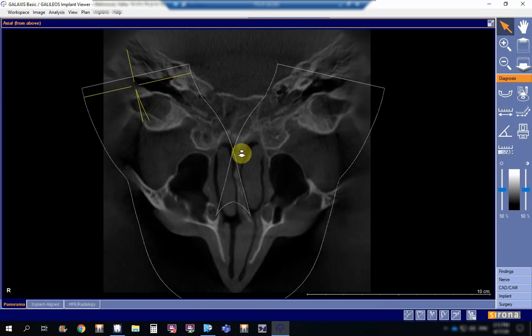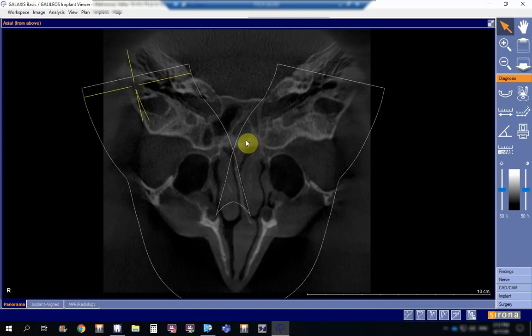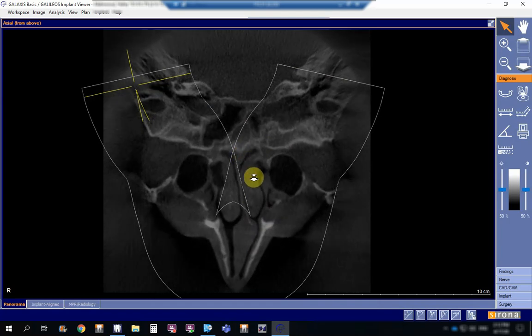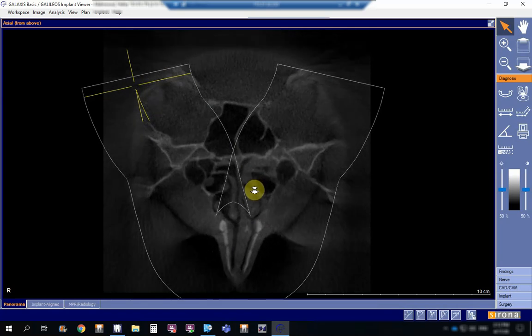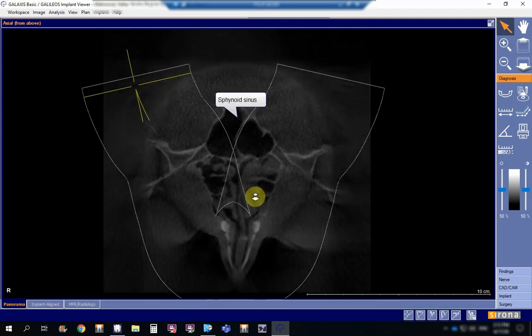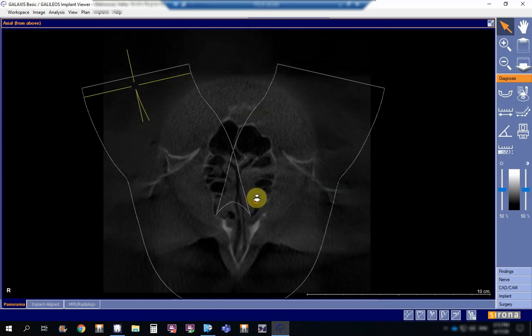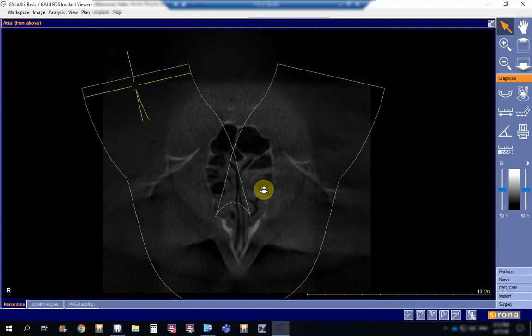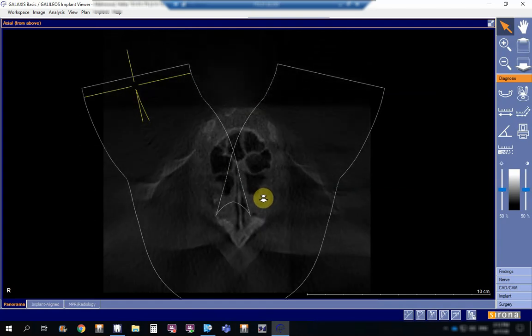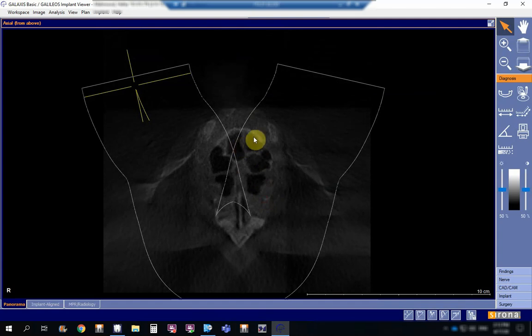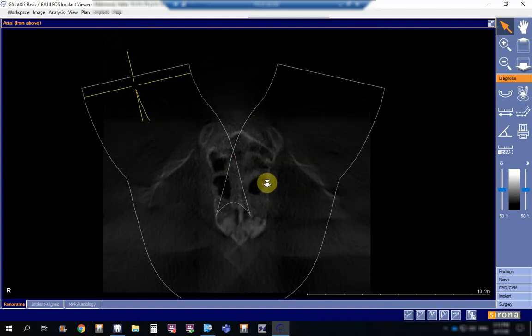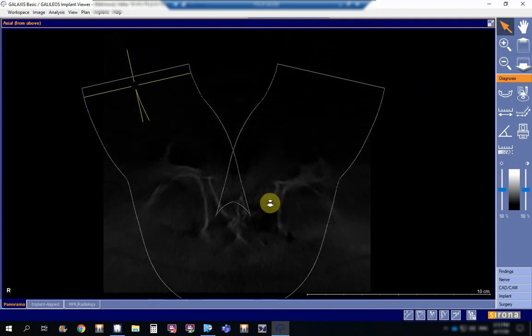I'm going up. See, the sinuses started to get smaller and smaller, and we are now going into the ethmoidal sinuses, and then we are part in the sphenoid sinus, and the coverage just disappears.